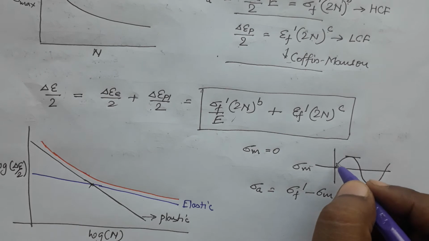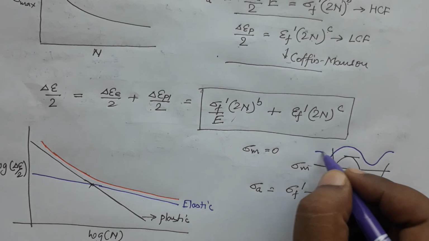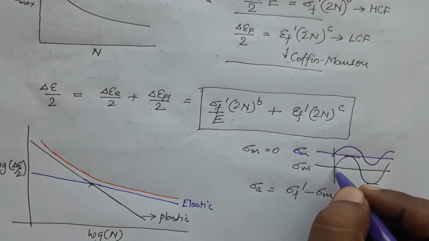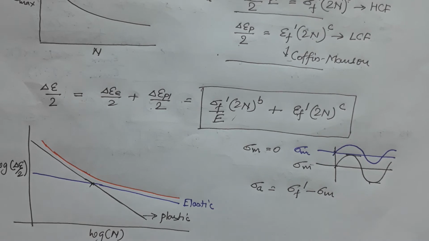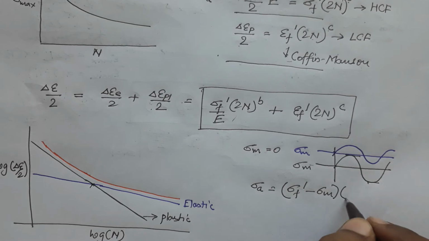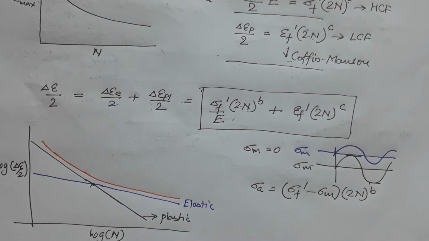If we have a cycle which is here, so our sigma mean is there, then what we need to do is we just need to shift this curve by sigma m amount, and that is what we are doing. So, we are making an offset here and the law remains the same. Okay. So, this can be done when the mean stress is not 0.